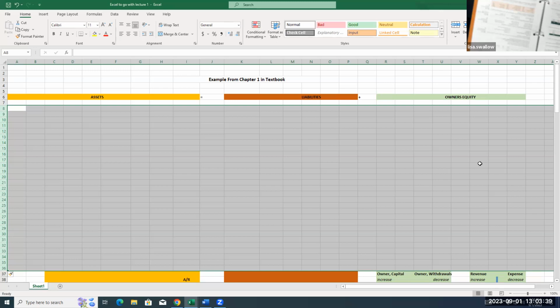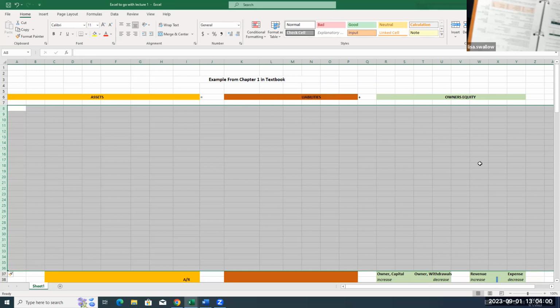There are four components of owner's equity. Write them down and put little arrows as to whether they make equity go up or down. What were those four things?